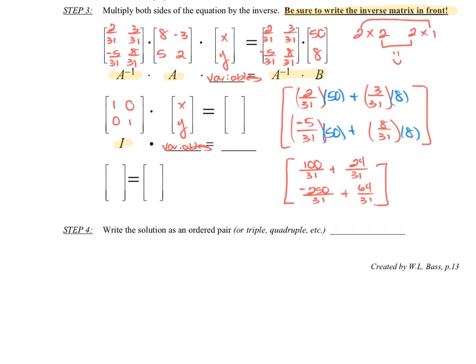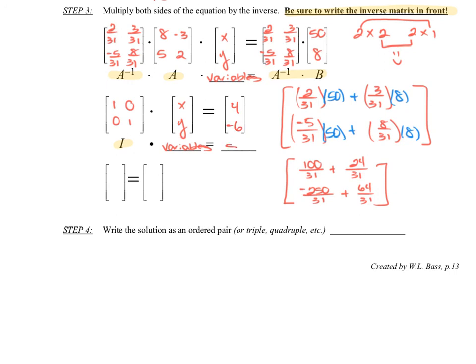Okay, so now, if I add these together, my 100 over 31 plus my 24 over 31 already have common denominators. Adding those together, I actually just get a really nice answer of 4. And adding these together, already common denominators, I don't even have to worry about it. And reducing that down, I get a negative 6.